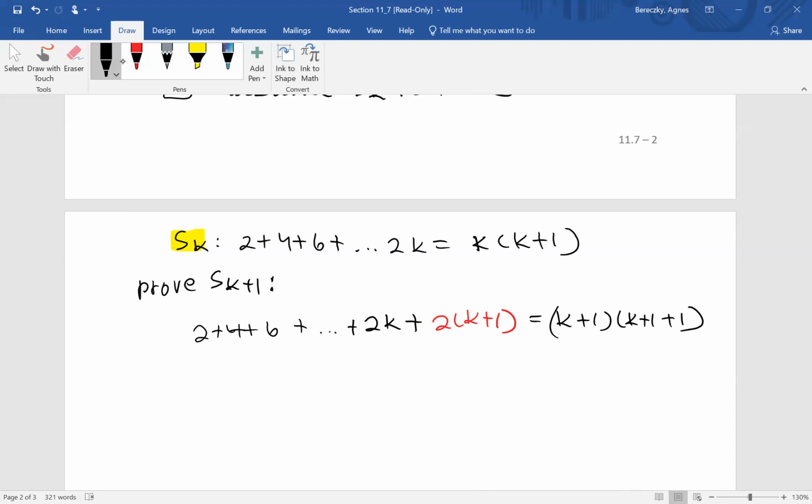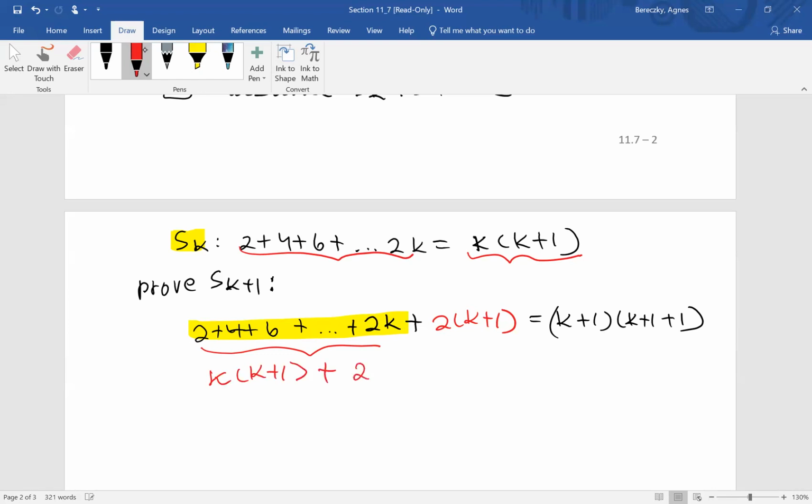If we look at the left-hand side and we understand that this whole section until the very last term is actually the Sk, and we know that that equals k times k plus 1, we are able to replace this expression with the k times k plus 1.